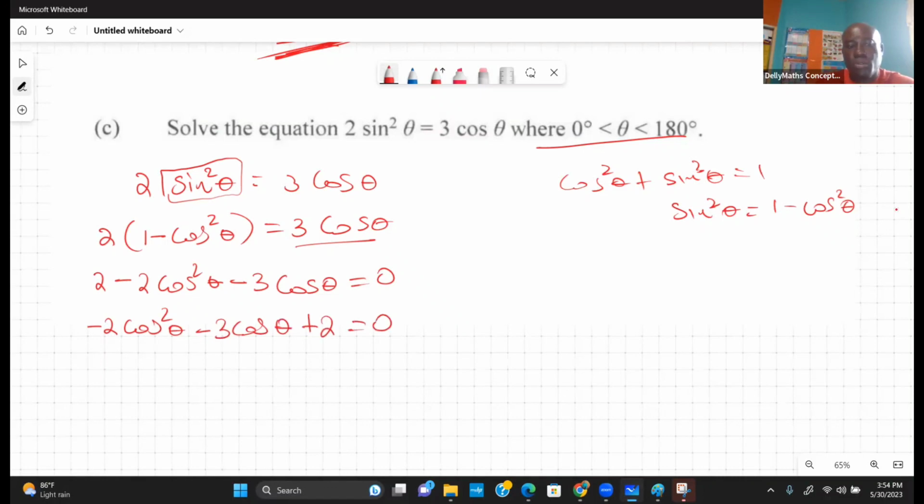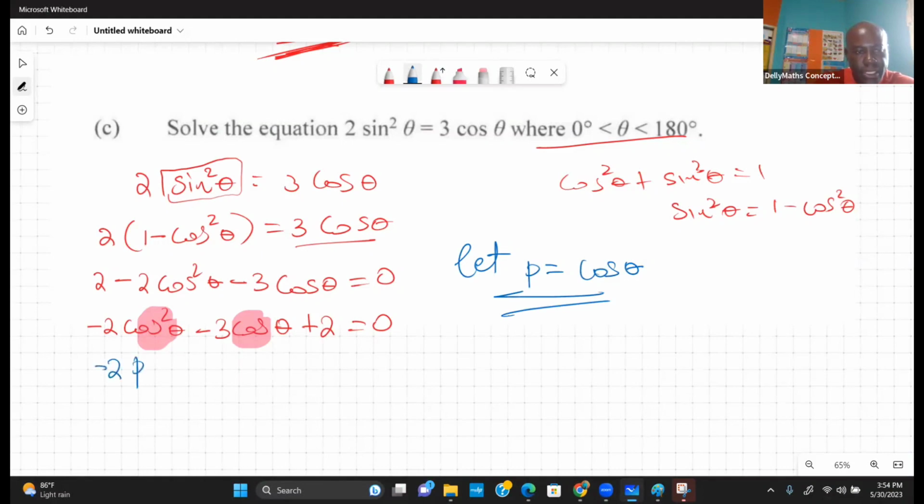Now at this moment, because I'm having this, I'm seeing a quadratic coming. So I'm going to swap out. Let p equal cos theta, such that negative 2p squared minus 3p plus 2 equals 0.